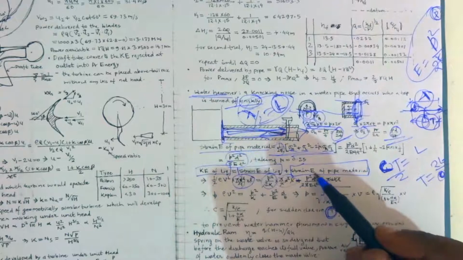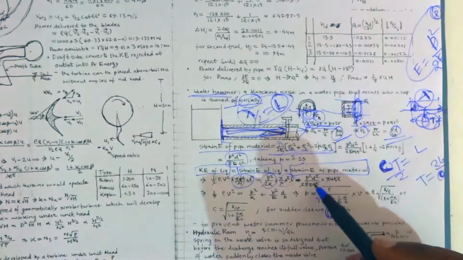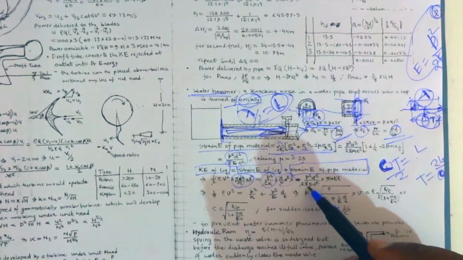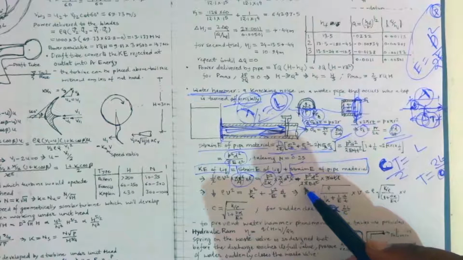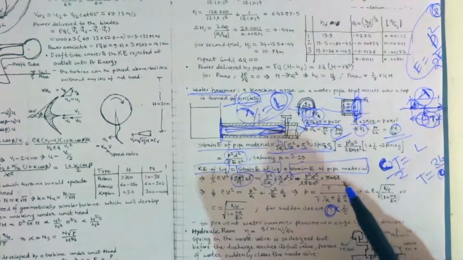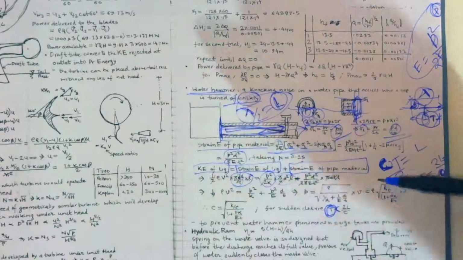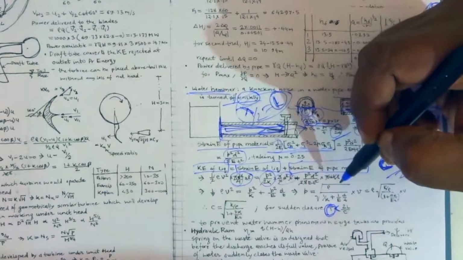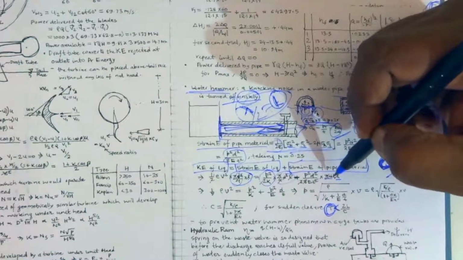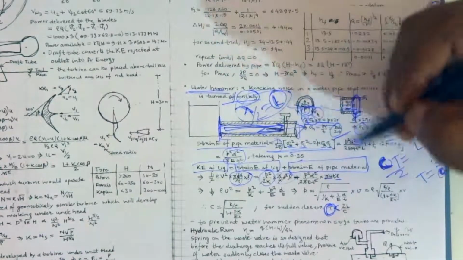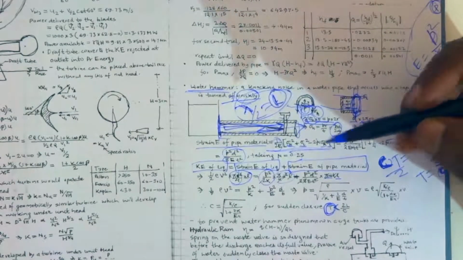Then we put that value in the strain energy of the pipe material: p square d square over 8 E t square, into the volume of the pipe. The volume is circumference into thickness into length, pi d t into L, the area of the cross section into length.